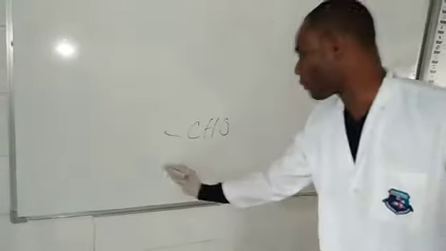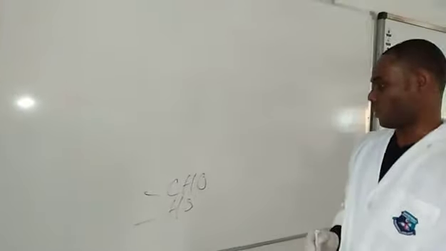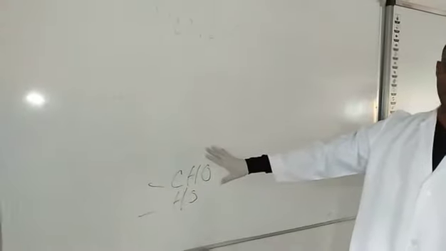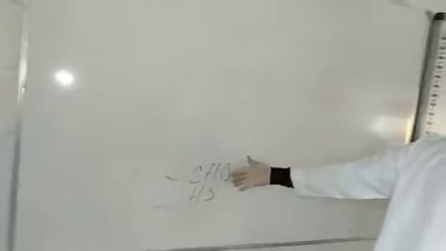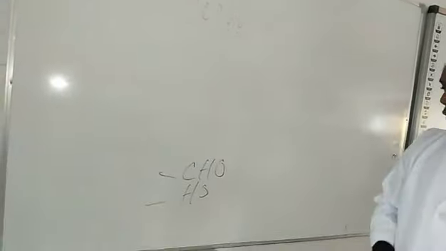And of course in water we have hydrogen and oxygen. I'm showing the simplest elements. I'm not showing any molecular or empirical formula of these substances. I'm just showing the elements that make up the molecules.